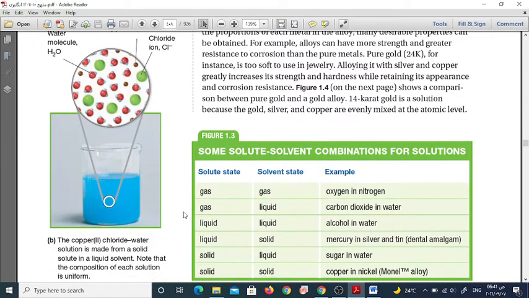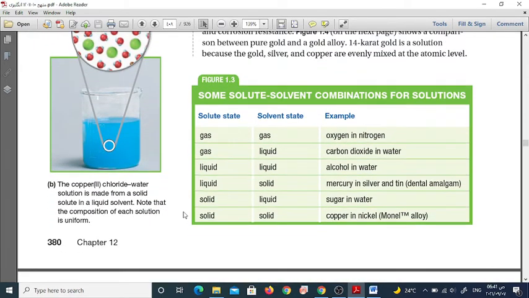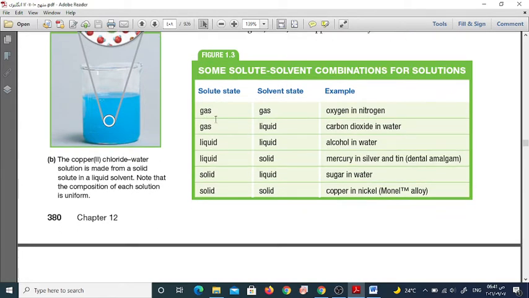Okay, we have types of solutions. Of course, gas in gas, like oxygen in nitrogen. Another type of solution is gas in liquid, like carbon dioxide in water. Liquid in liquid, when alcohol, ethanol, is dissolved in water.